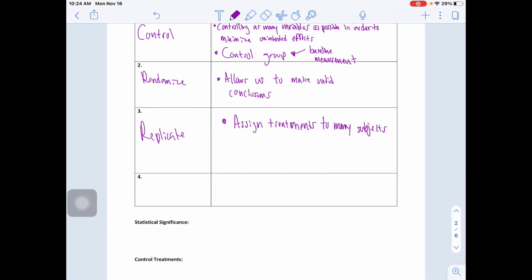And another way to replicate would be to complete the experiment again, but with a different population.